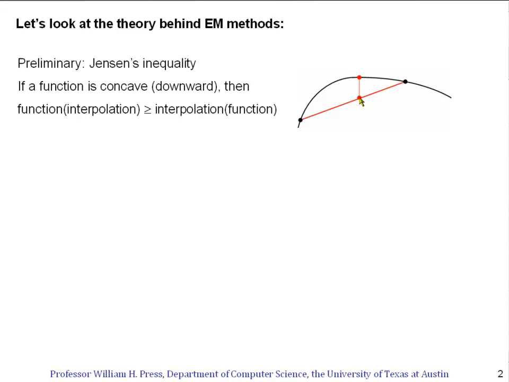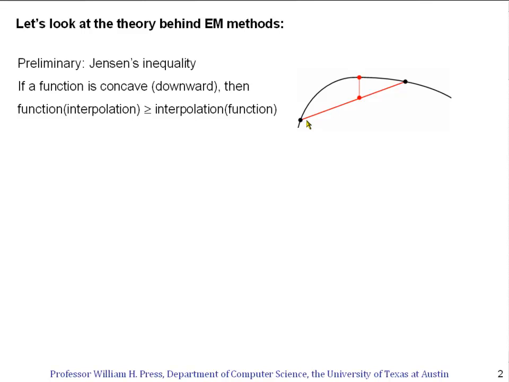But as you see, the true function value, because the function is concave downward, is always higher here. So Jensen's inequality in this case says that the function of the interpolation, that would say up here, is always greater or equal to the interpolation of the function here.